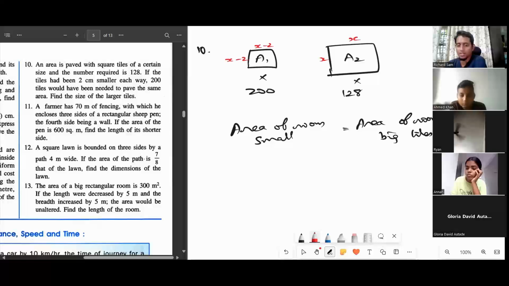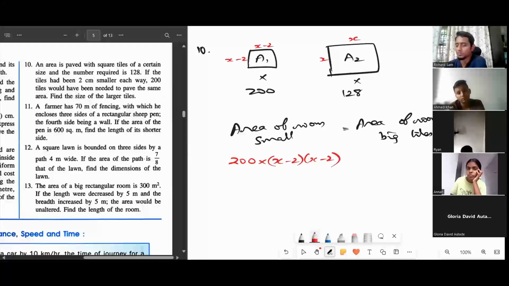Okay, so area of the room with smaller tiles will be what? Area of one tile into 200, that is 200 into area of one tile. How do you find area of a square? Side into side. That means x minus 2 into x minus 2. Now equal to that, area of the room with bigger tiles.